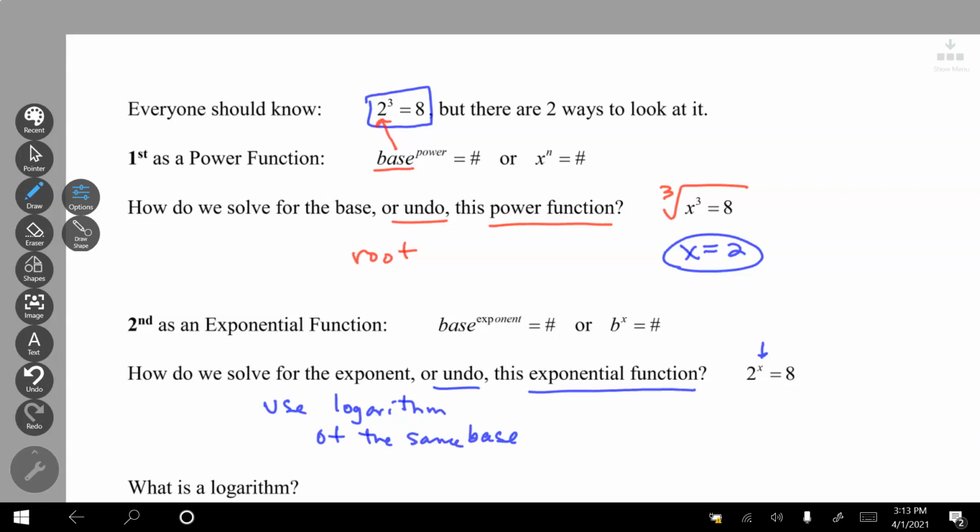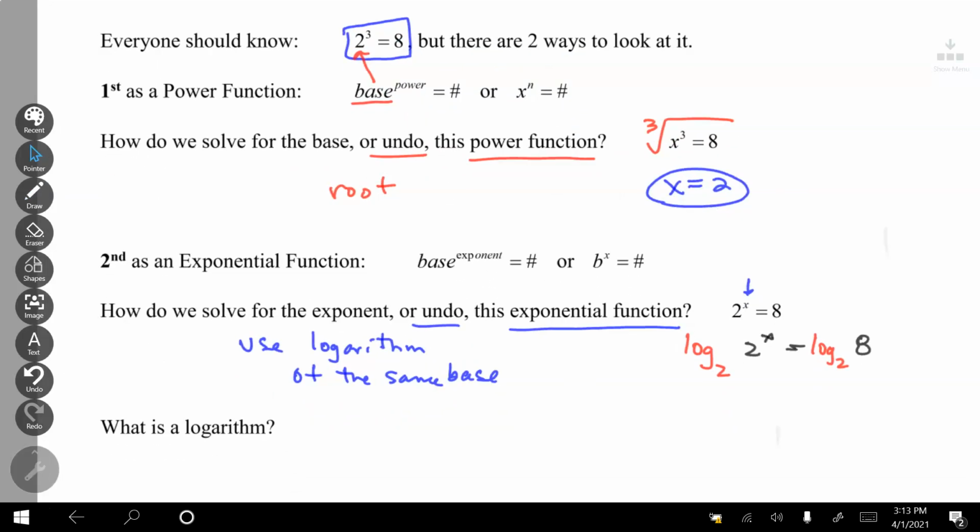So I'm going to rewrite it as 2 to the x is equal to 8. And to solve it, I have to use a logarithm. Well, if this is base 2, I have to use a logarithm that has a base 2. And what I do to one side, I have to do to the other.